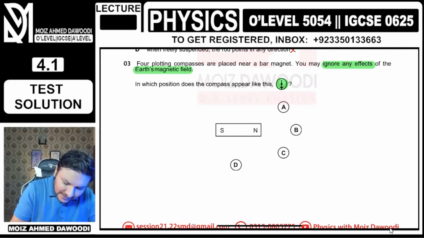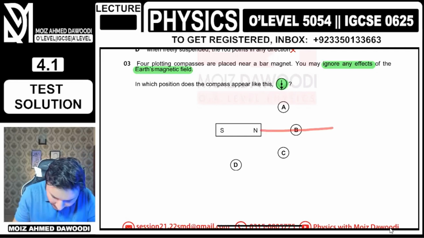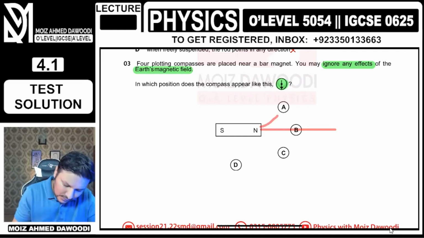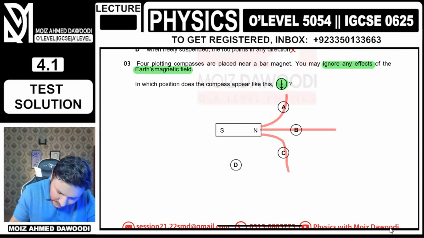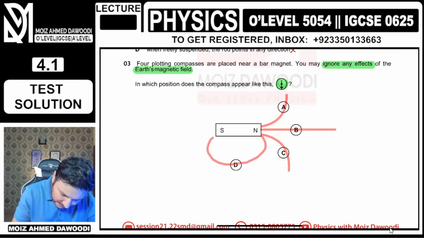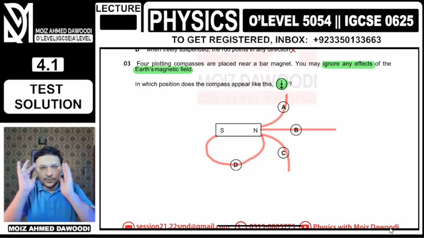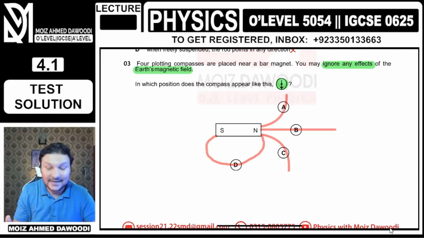So the magnetic field pattern of a bar magnet is like, from north, one line goes like this, this goes like this, this goes like this, and this goes like this. We have to memorize the pattern of the bar magnet.